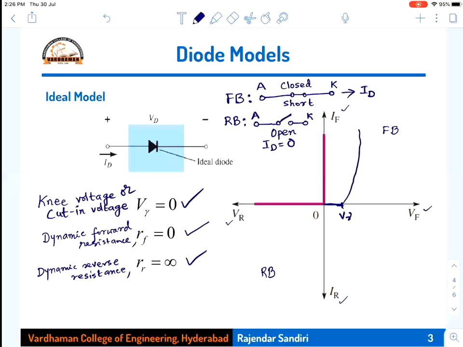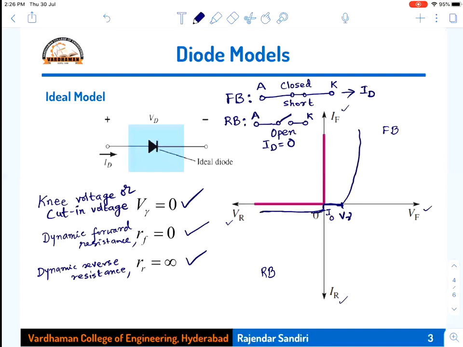Therefore, the graph will be like this. It will be very small. It comes down like this, and it will remain constant. This is the reverse saturation current represented by I naught. That current is constant, a straight line parallel to the negative x-axis.